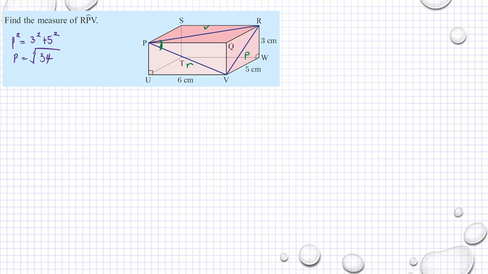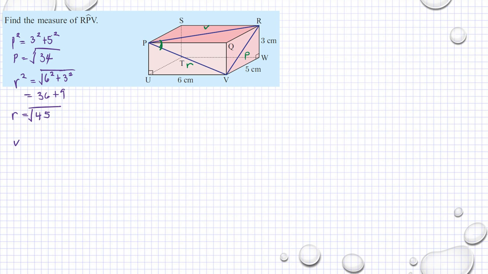For our r, r squared is equal to 6 squared plus the height, 3 squared. So we have 36 plus 9. R is equal to the square root of 45.